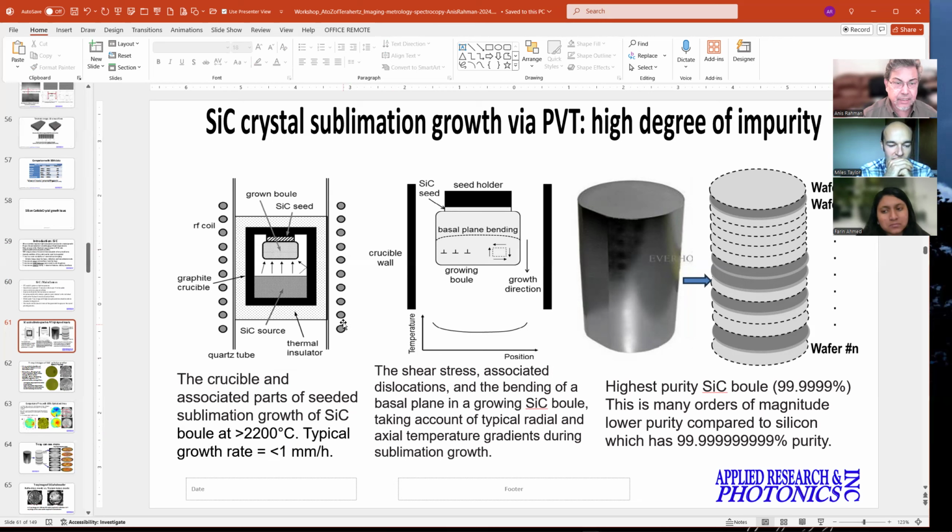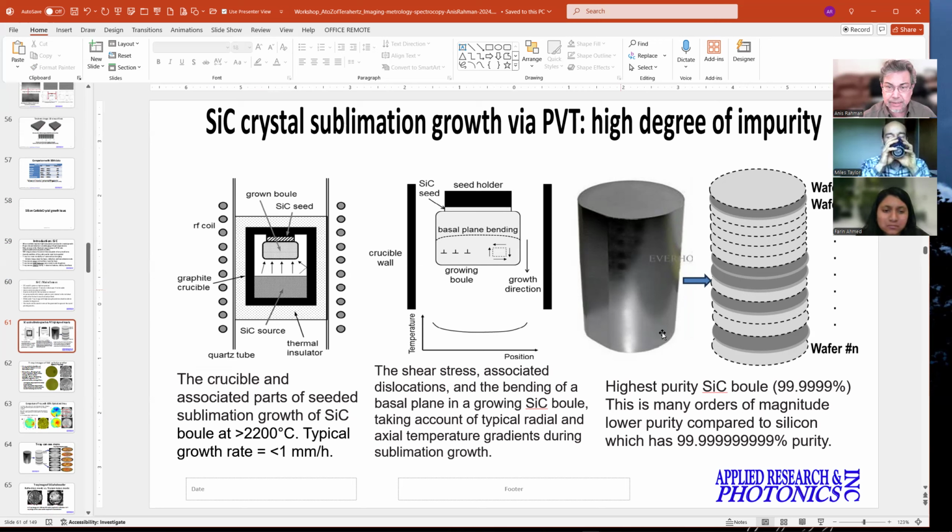Because of that temperature gradient, they are now trying to find a way of minimizing it, but there are still other issues, because this crucible at that high temperature, who knows, may be contributing some impurities. The feeding pipes or whatever the arrangements are, everything may contribute at that very high temperature.